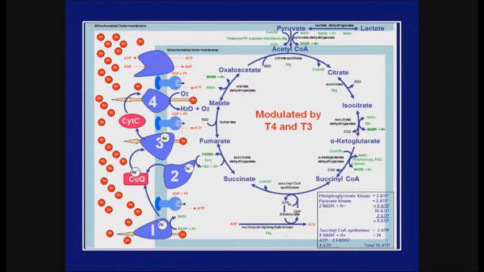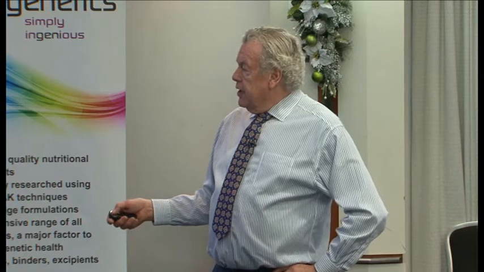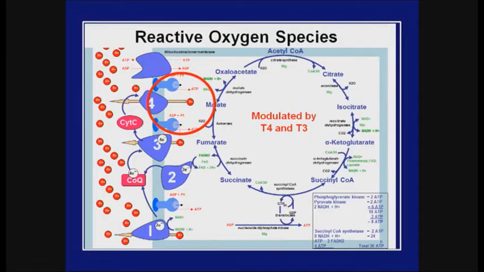And it gets to a certain point when it then releases the electron and the proton together at complex 4. So it's like a pressure build, like a nuclear generator here. So it's at complex 4 that these 4 electrons are added to oxygen.